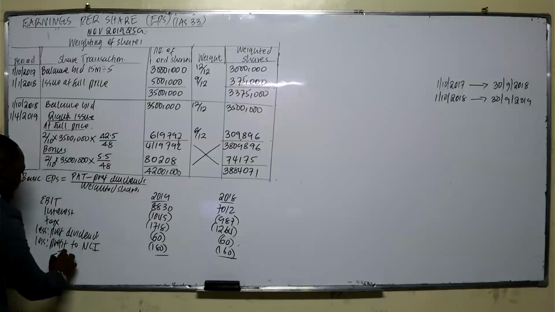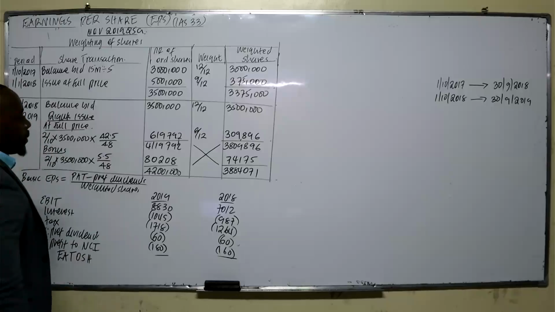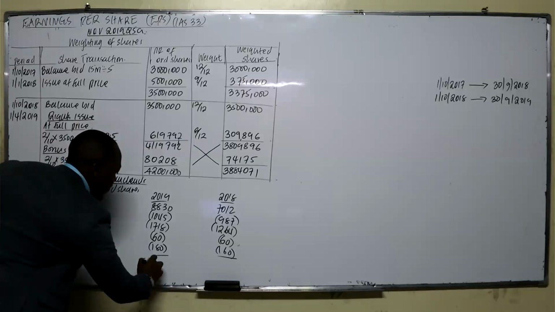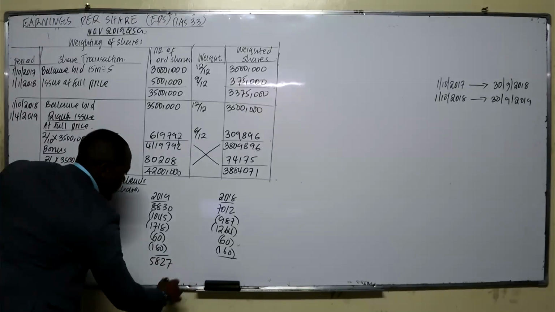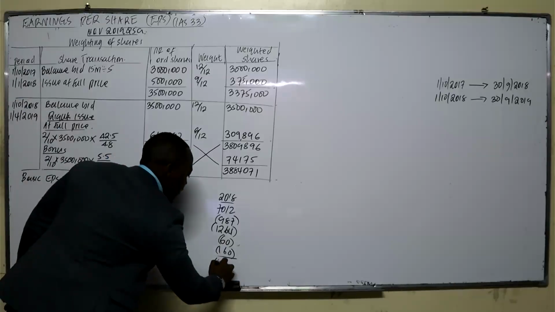That's how we get the earnings attributable to ordinary shareholders. 5827. 45.41.